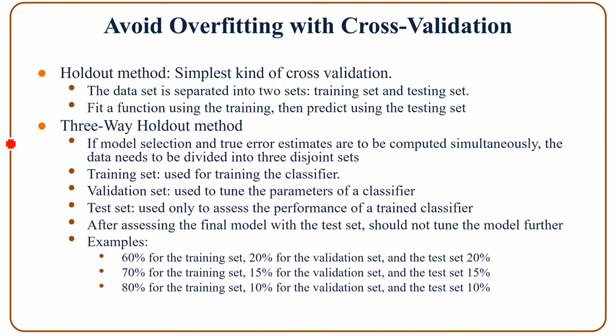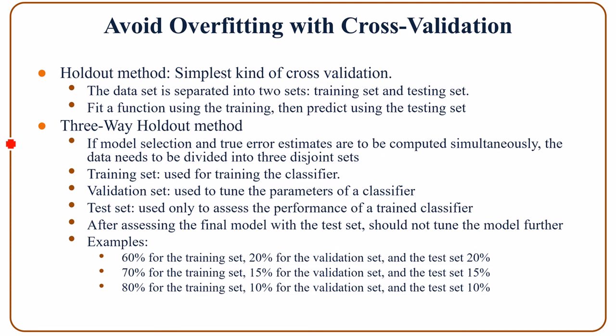The holdout method is probably the simplest kind of cross-validation. We split the data set into two sets called the training set and the testing set. We then fit the model using the training set and then predict using the testing set. In practice, a variant of this method called the three-way holdout method is commonly used.